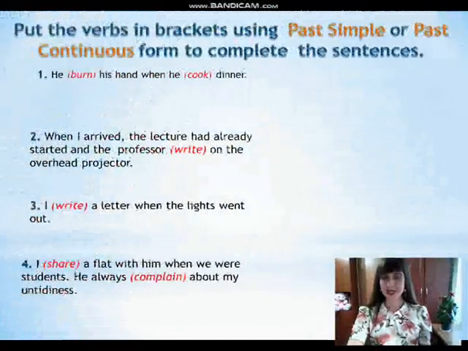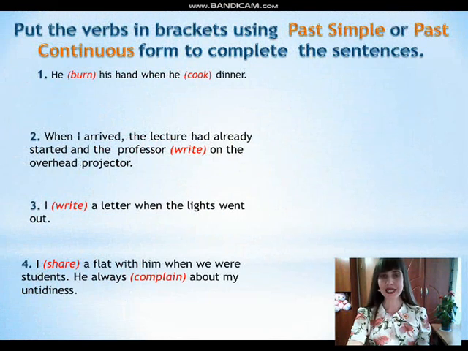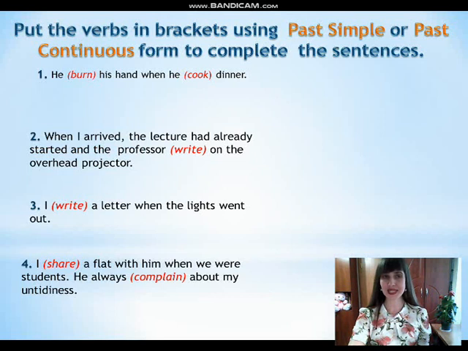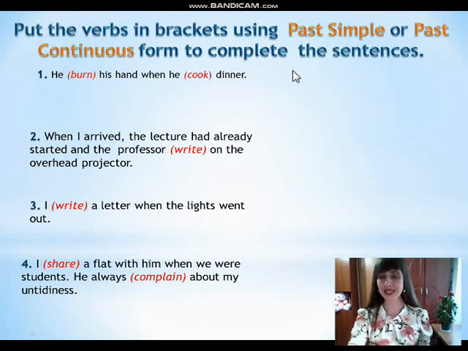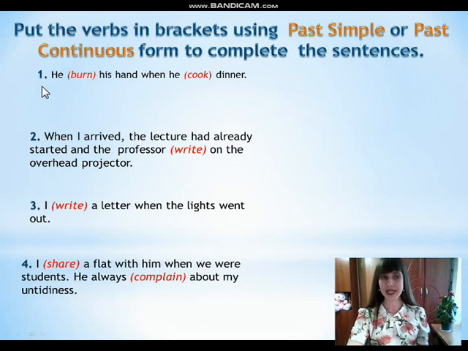Okay? So, on this slide, we have the continuation of the previous exercise. The same task. Put the verbs in brackets using past simple, past continuous form to complete the sentences. The sentence number 1. He burned his hand when he cooked dinner.